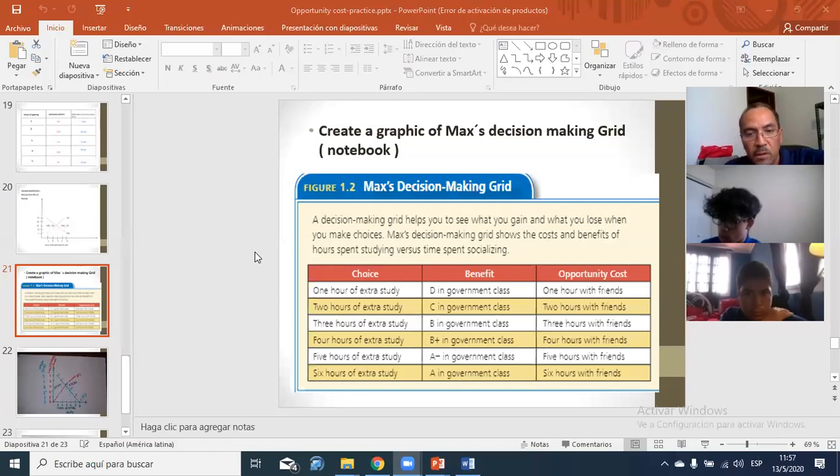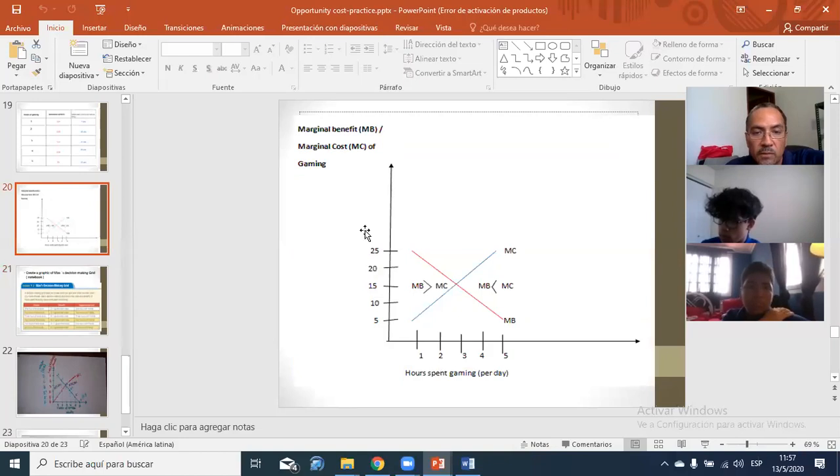Now using this column and this column, you are going to get the marginal cost, the same as I used over here. You see here, the marginal cost is always increasing. For instance, if I spend 1 hour, over here is supposed to be a D. If I spend 2 hours, what's the next letter?